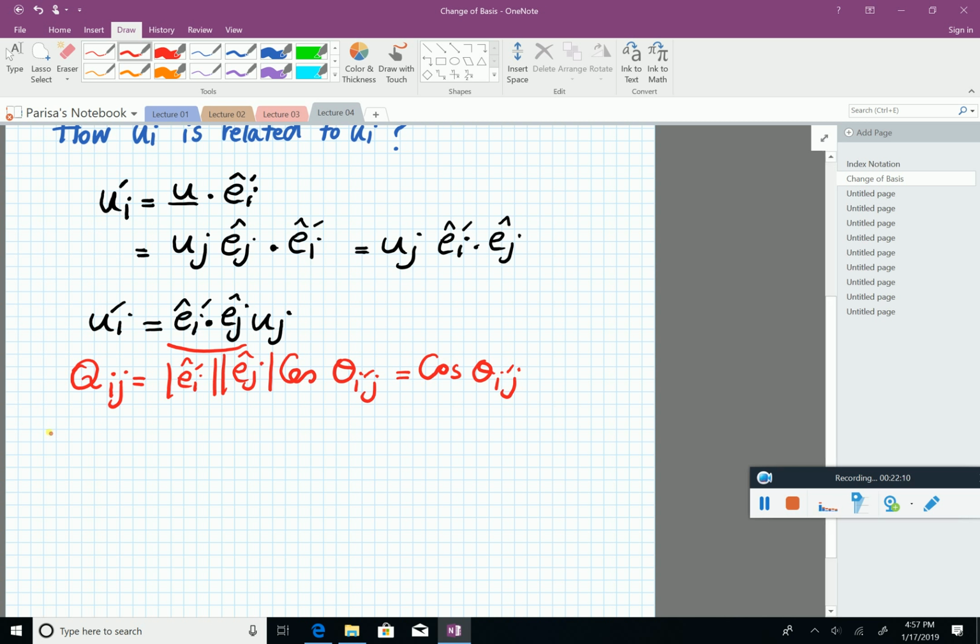So remember last time I said you can take the components of a tensor and arrange them in a matrix format, and we use this notation for that. I put the brackets. So this is the matrix of direction cosines.